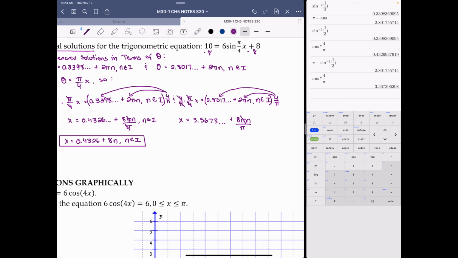The pi's divide out, and n is an element of the integers. So this simplifies to the second portion of our general solution, which is x equals 3.5673 ... plus 8n, where n is an element of the integers.